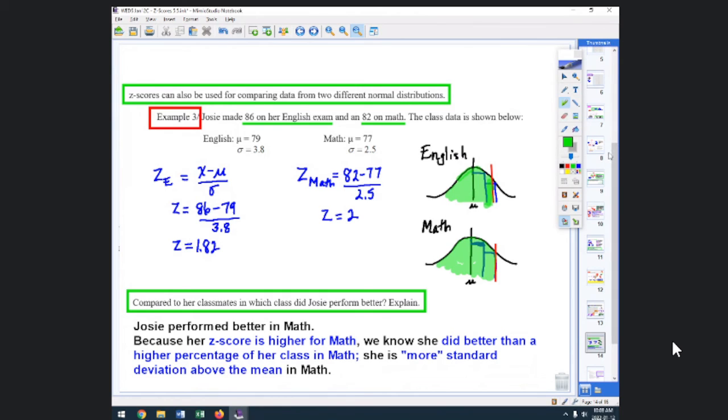Does someone have their Z-score table open there? They could tell me what the percentage is at 1.82. From the table.